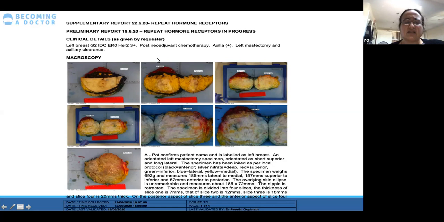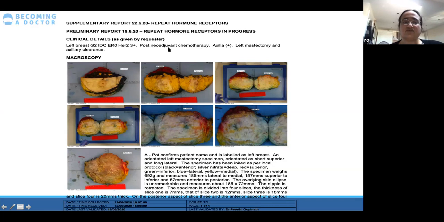So the report here. This is an example of a recent report that I did actually. You can see the date up there. And this is the type of report that we give in Harlow if someone's had breast cancer. So this lady's had a mastectomy, she's had a breast removed, and she's had chemotherapy prior to her surgery.